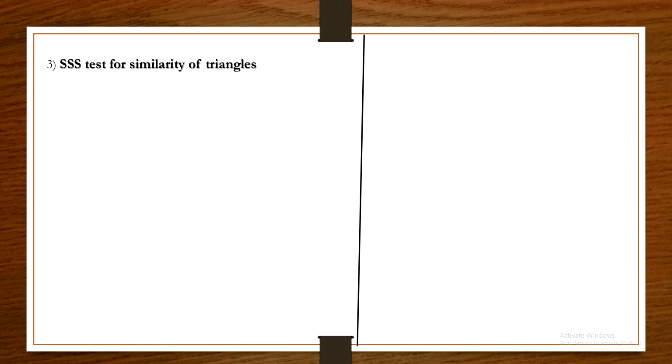Now the third test, SSS test for similarity of triangles. Here triangle PQR is given, triangle XYZ is given.